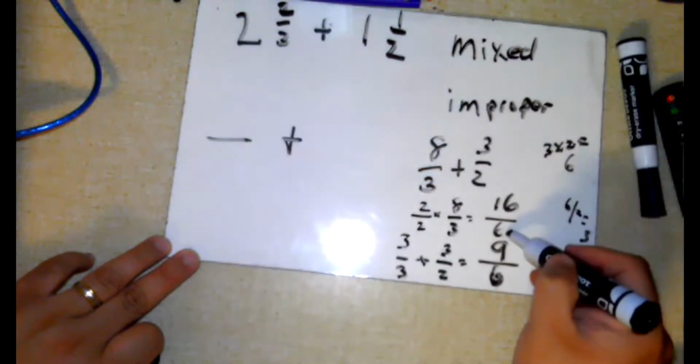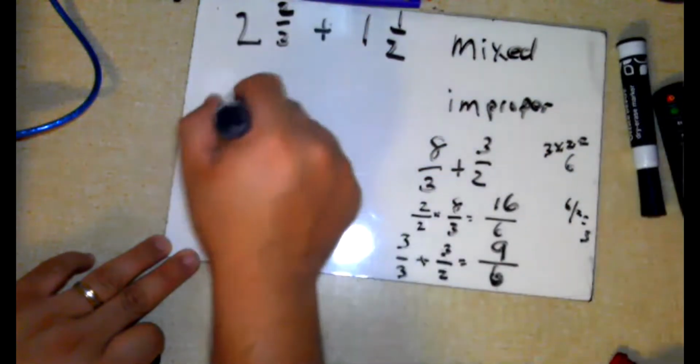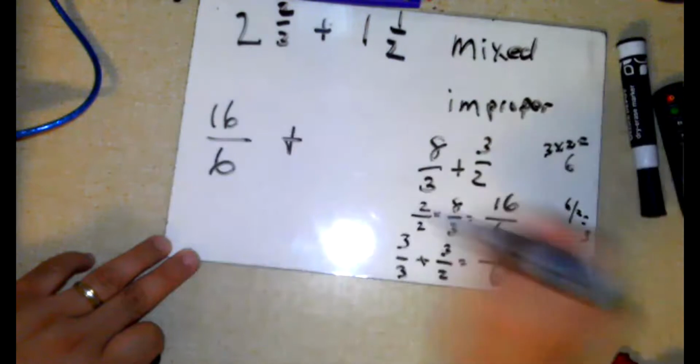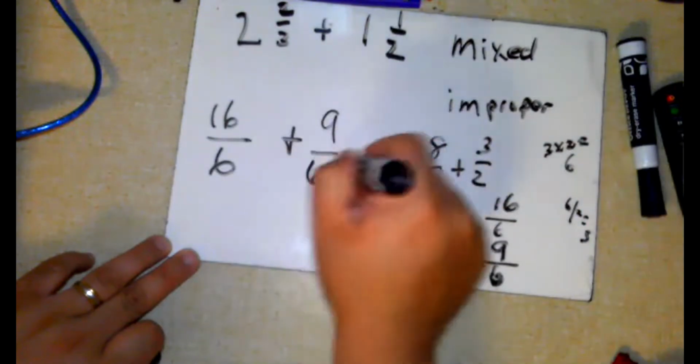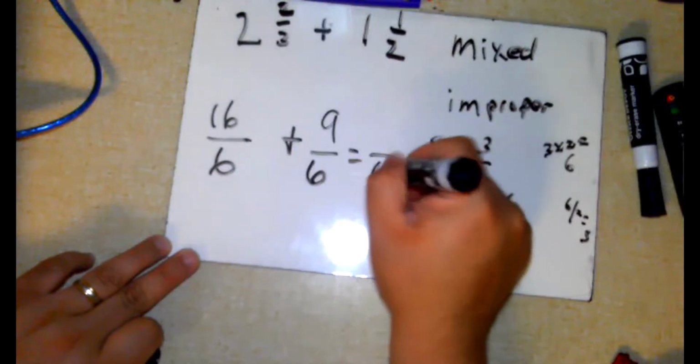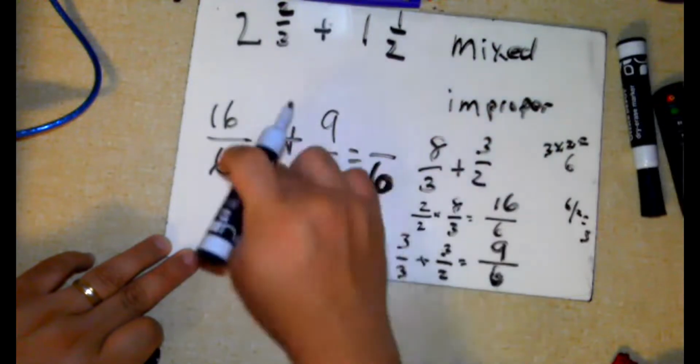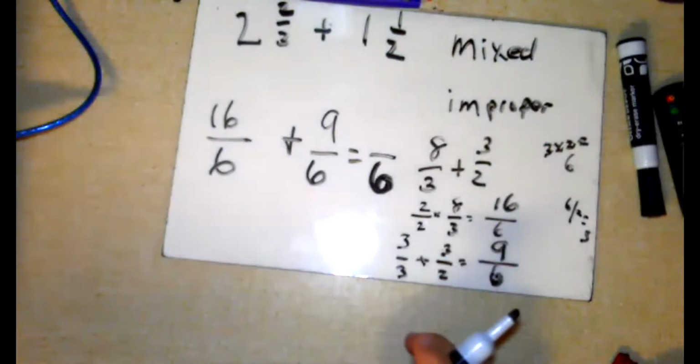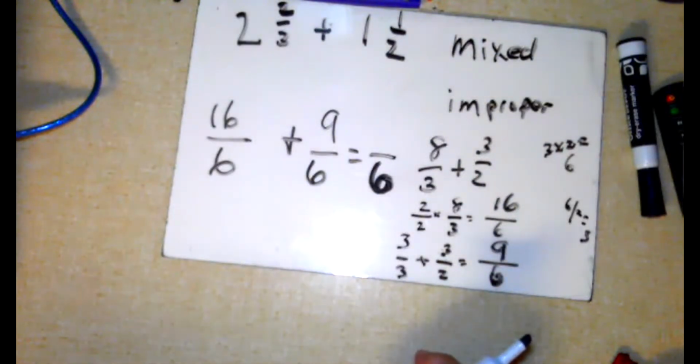So I'm going to go 16/6 and we got 9/6. Okay. Keep the denominator 6. 16 plus 9, 25.